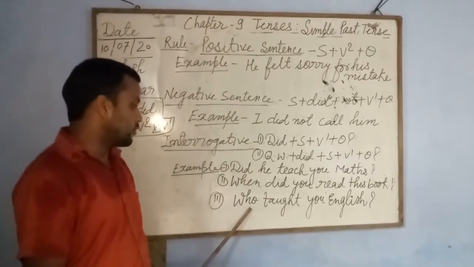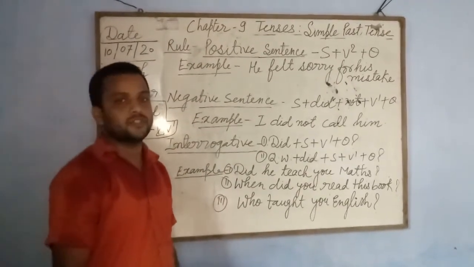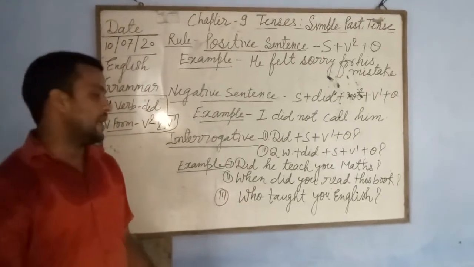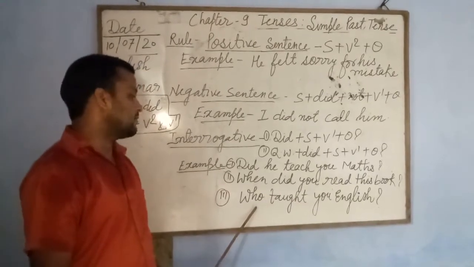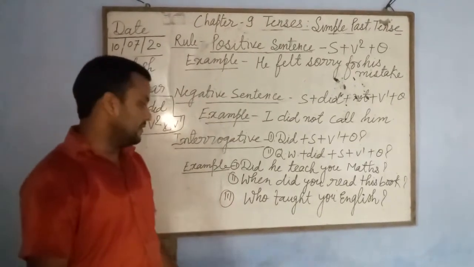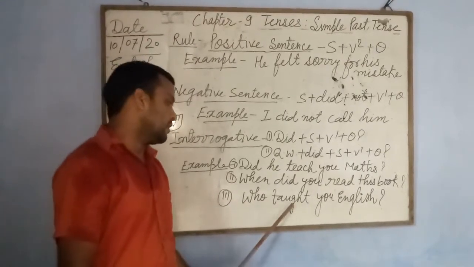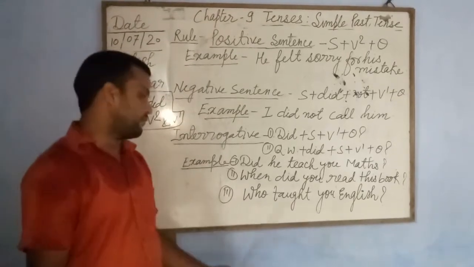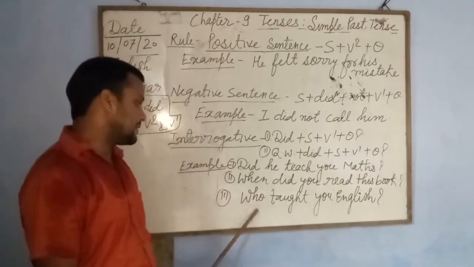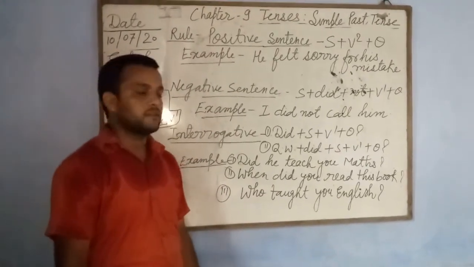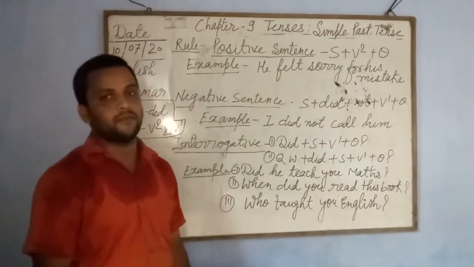When the interrogative sentence starts with who, then we never use did and we use verb second form in that sentence. But when the sentence is interrogative and negative, then we use who did not, and in that condition we will use verb first form. But when the sentence is only interrogative and starts with who, then we will never use did and we will always use verb second form.